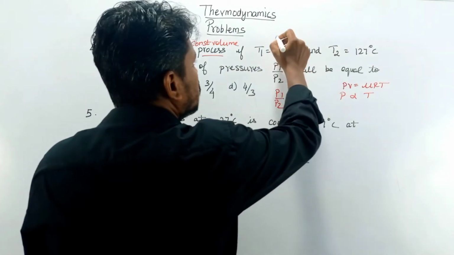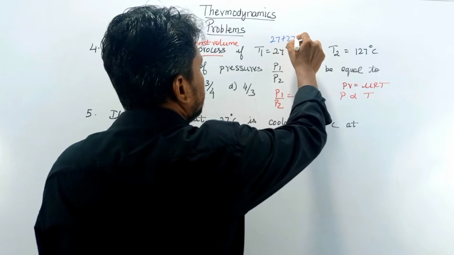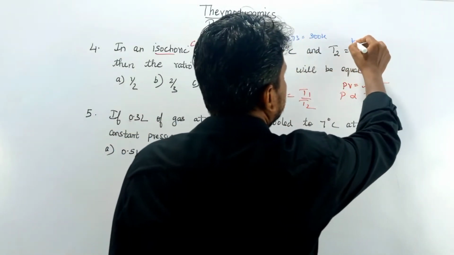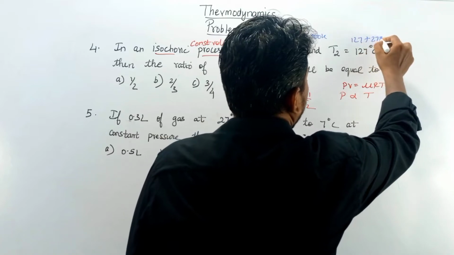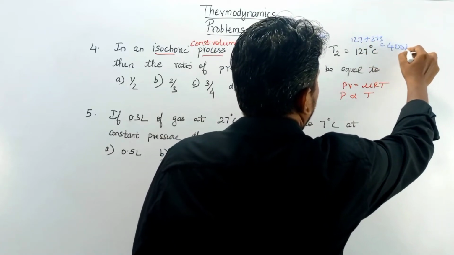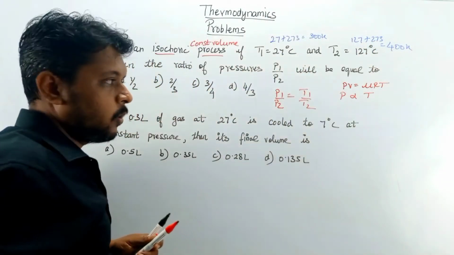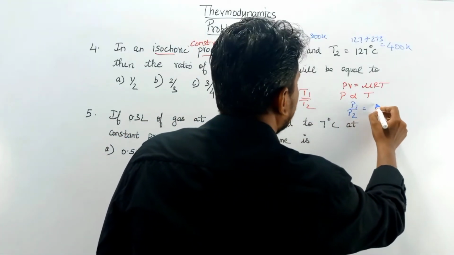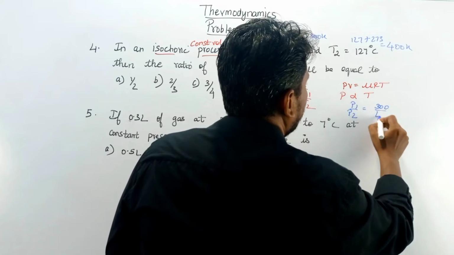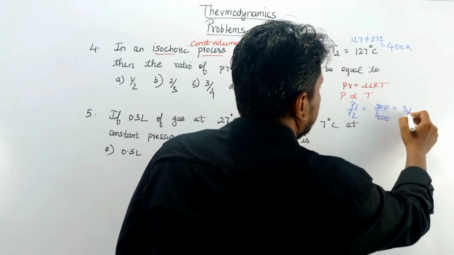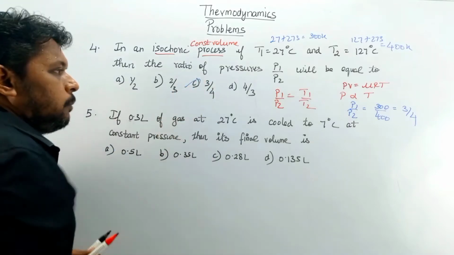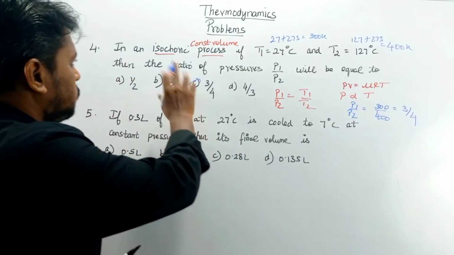That is 27 plus 273, which is equal to 300 Kelvin. And this is 127 plus 273, which is equal to 400 Kelvin. So P1 by P2 will be equal to 300 by 400, which is equal to 3 by 4. So the ratio P1 by P2 is equal to 3 by 4. This is the answer for the fourth question.